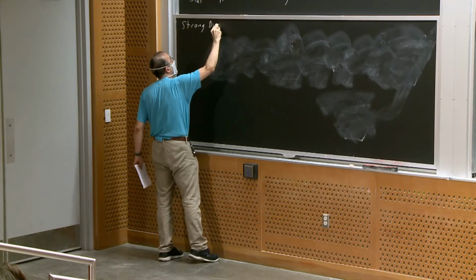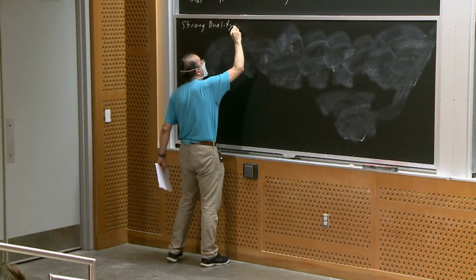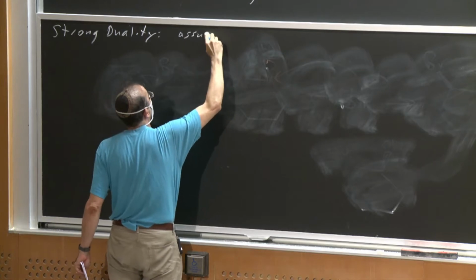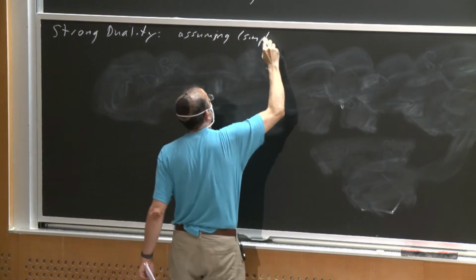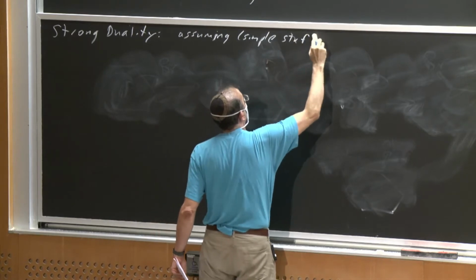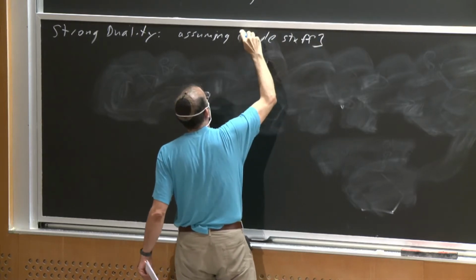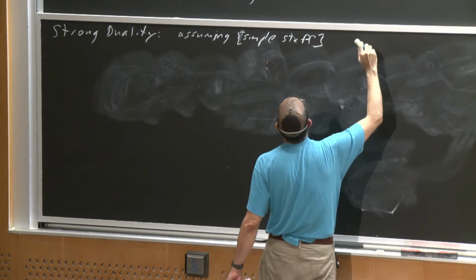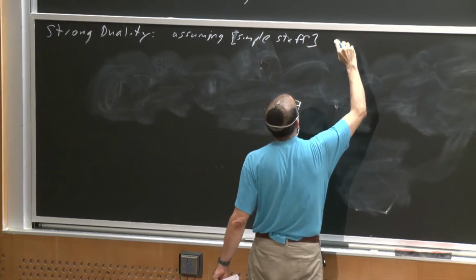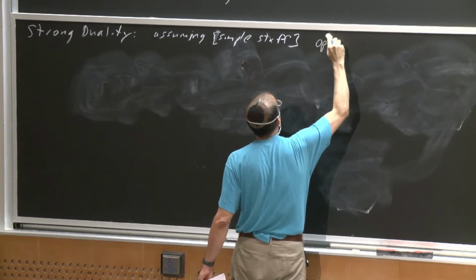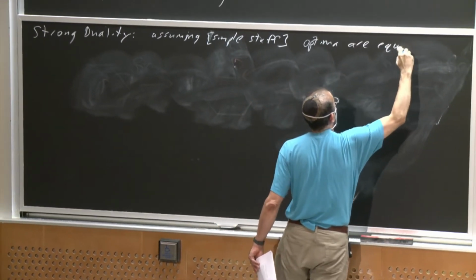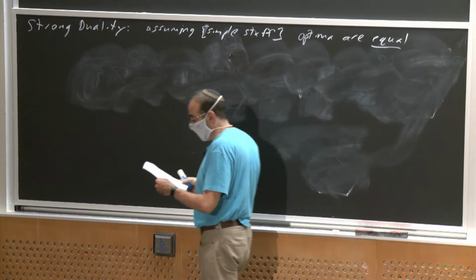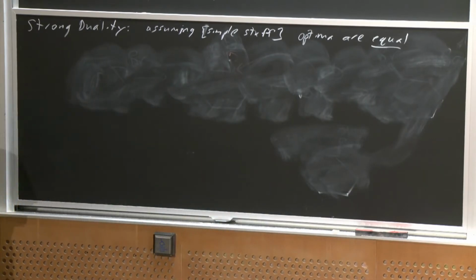Strong duality says that, assuming some simple stuff, in fact the optima of these two linear programs are equal.